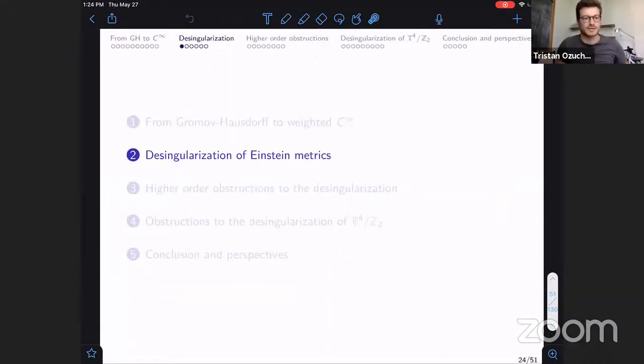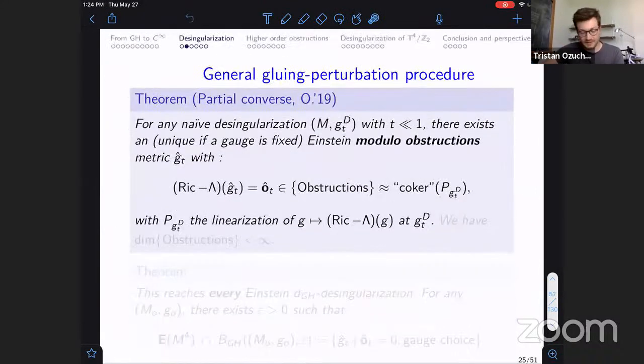Okay, so now let's look at the other side, the converse to this. We have proven that any Einstein metric which is close to an Einstein orbifold is actually close, in a weighted order sense, to a naive gluing. Now, let's start with a naive gluing. What can we perturb it to?